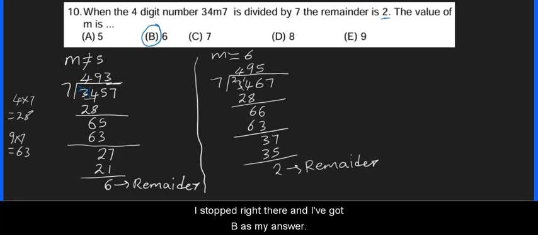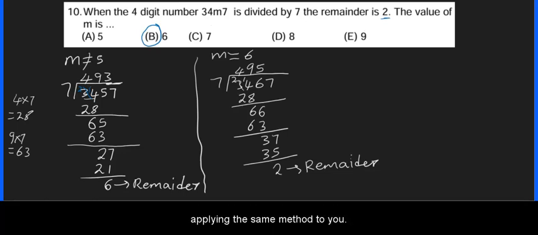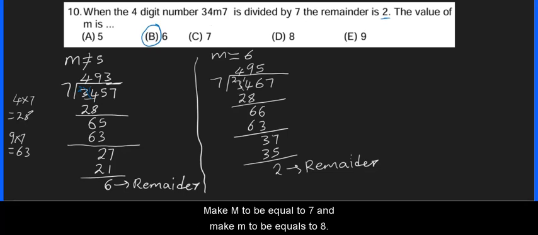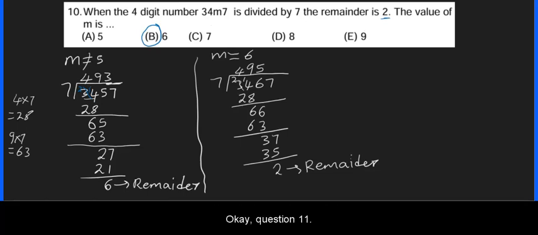I stop right there, and I've got B as my answer. Then you can check by applying the same method with M equal to 7, M equal to 8, and M equal to 9, and see what you will get.